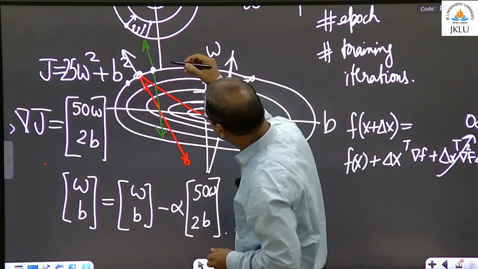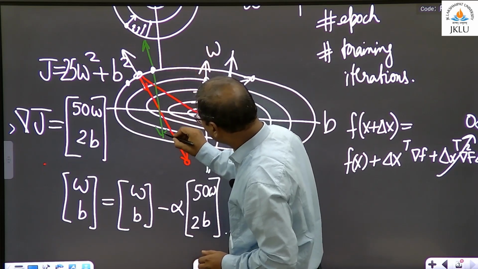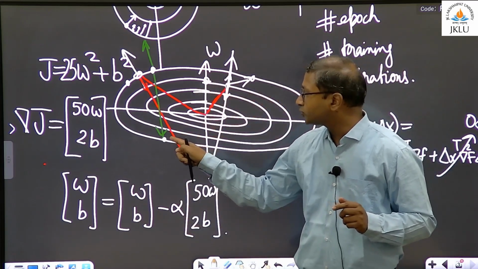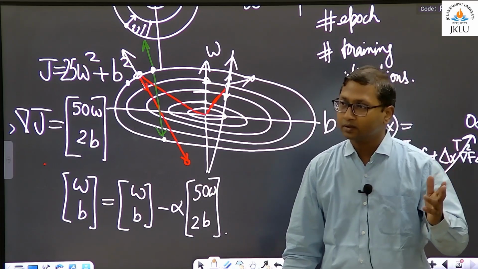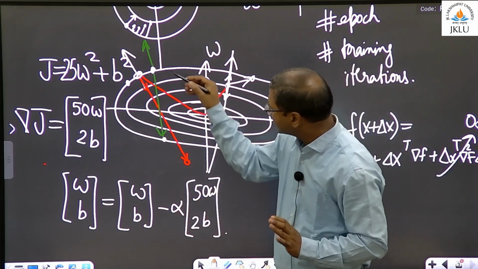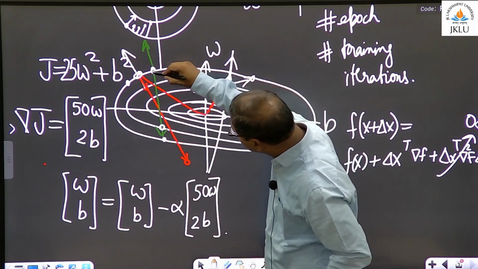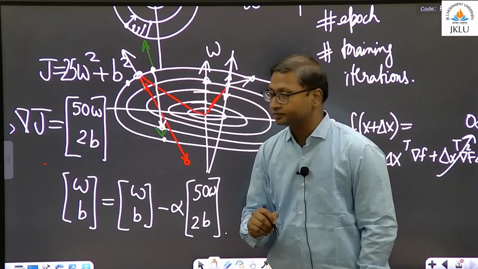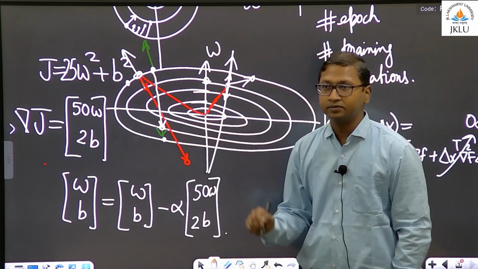So let's say I end up coming somewhere. If I overshoot this, then what should I do? Reduce the alpha, okay? But assuming alpha is well chosen, so let's say I end up here. So from here I end up being here. Now what happens? I will do the update here.